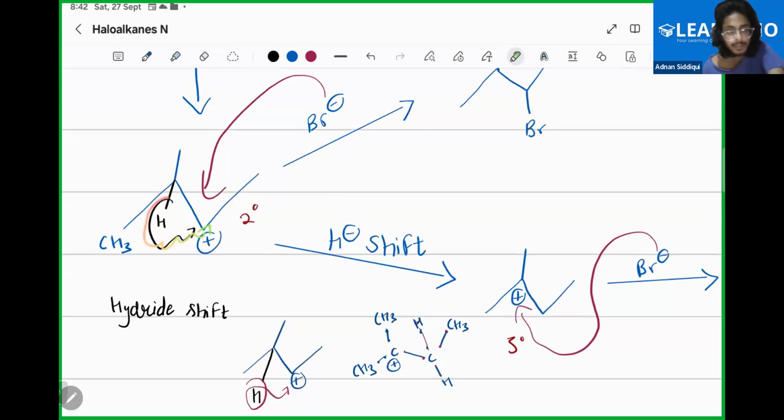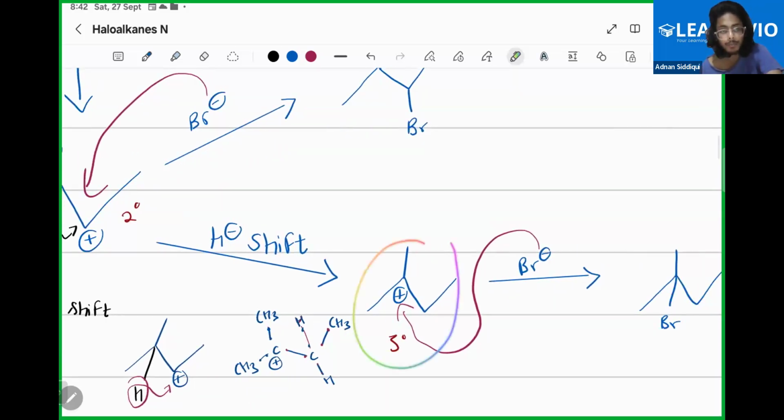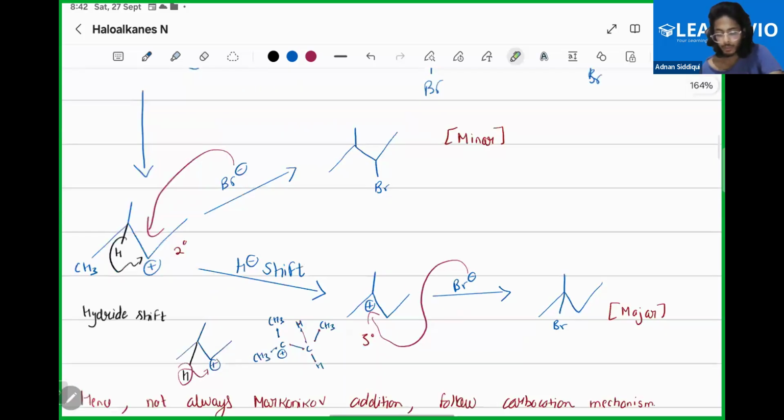If I shift that hydrogen to this place, the positive charge will be transferred from this to this. With the hydride shift, I am getting an even more stable carbocation, which is a 3-degree carbocation. Now my bromine can attack at this place as well, so I will get this. So the major product is going to be the one from the 3-degree carbocation.